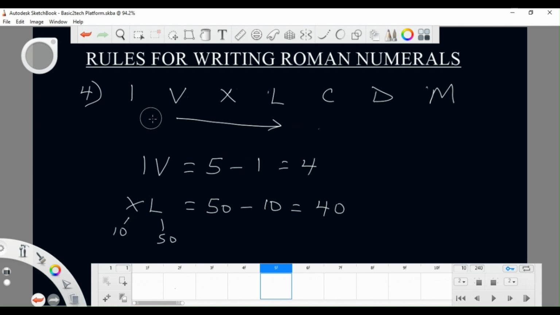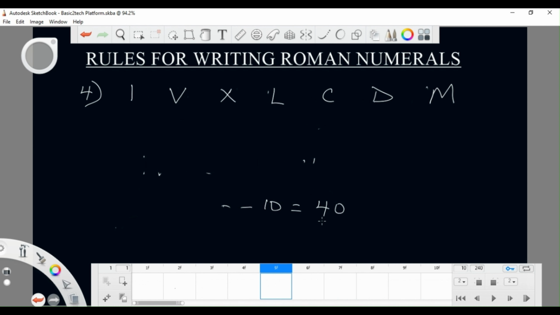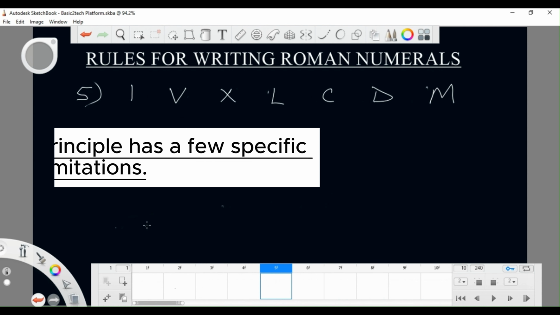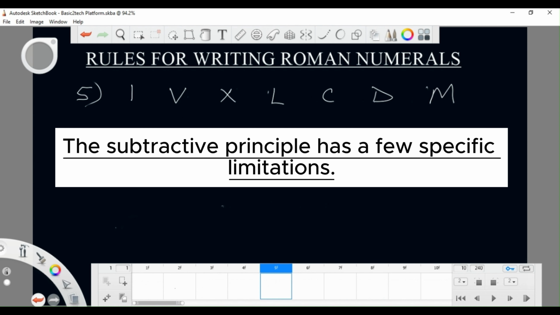Let's look at rule number 5. Now, the subtractive principle has a few specific limitations.